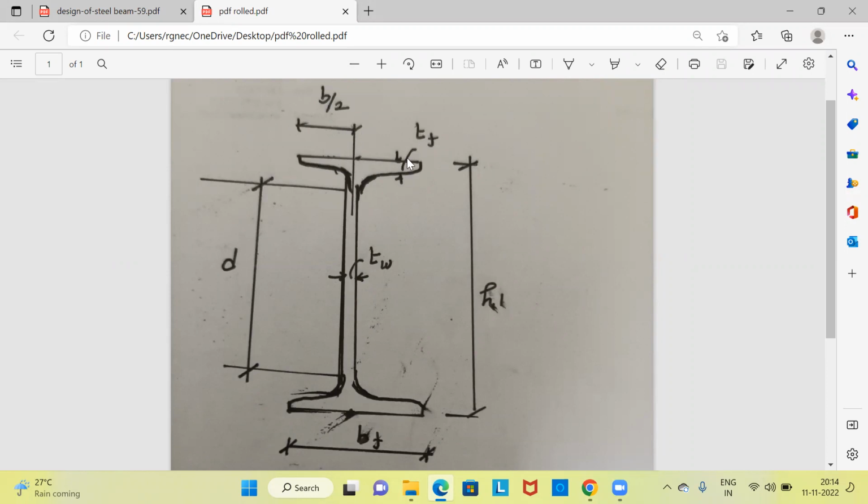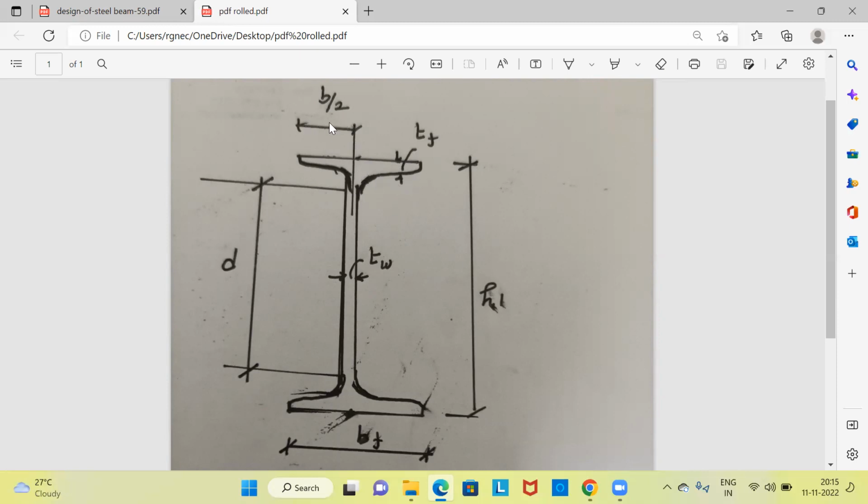TF is the thickness of the flange. Thickness of the flange will not be measured at the end. Thickness of the flange will not be measured at the web also. It will be measured in between. That location is given in the steel table. This is the thickness of the flange. Bottom portion of the flange will be having a curvature. This thickness will be measured somewhere between the web and the edge.